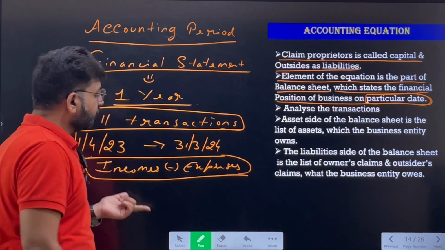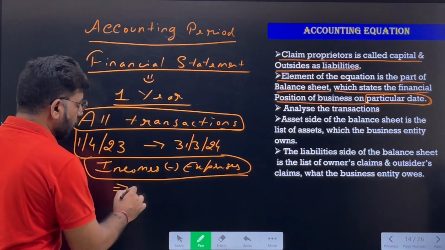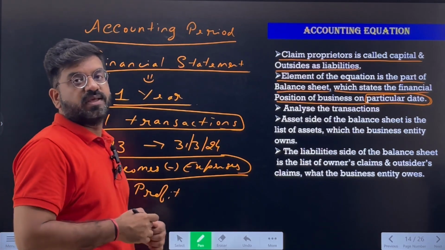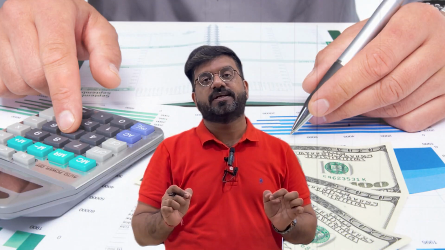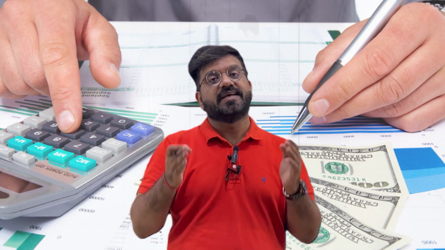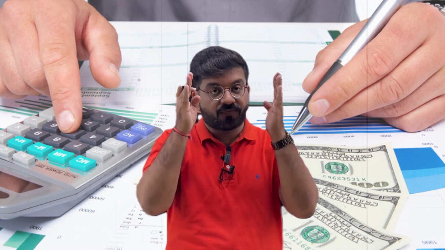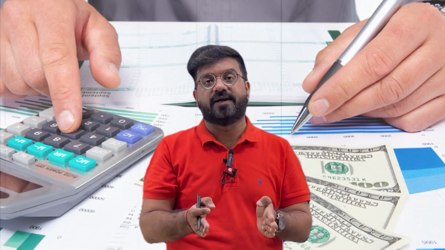So for the full year, we calculate the profits. The profit and loss account is prepared for a full year, which has all the incomes and expenses for that particular period. But the balance sheet, the position statement, is made on a particular date. It is not for a period, but for a particular date.